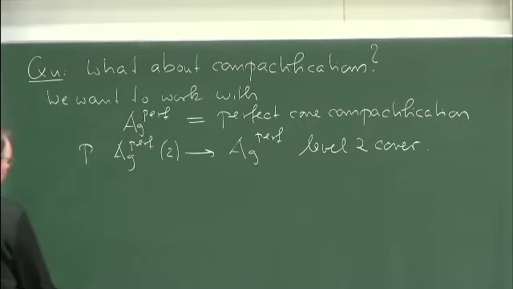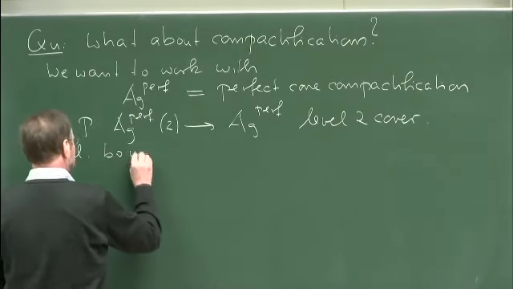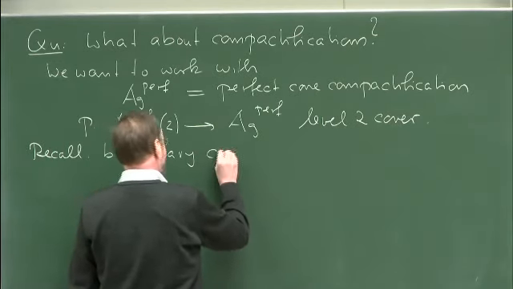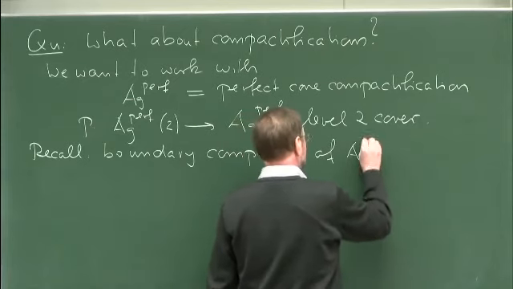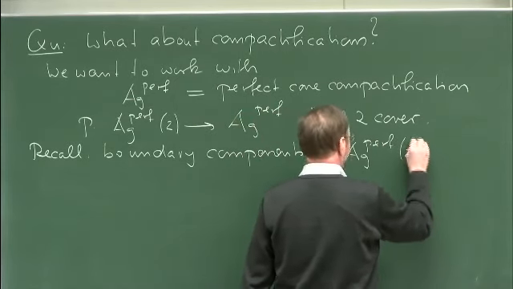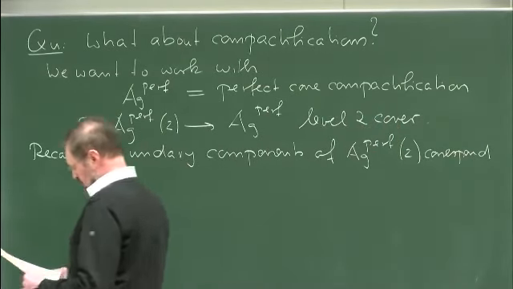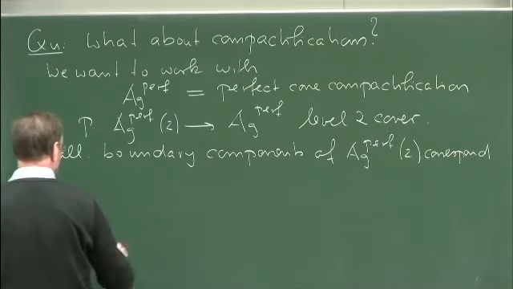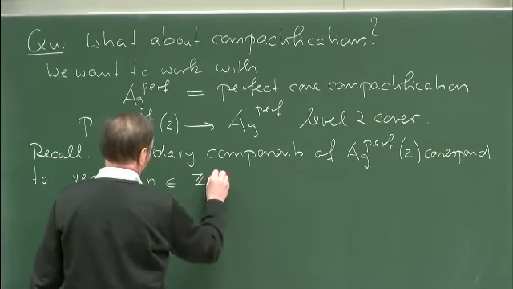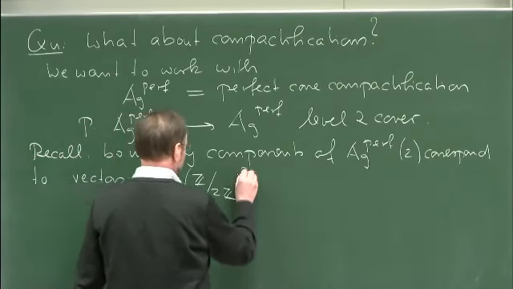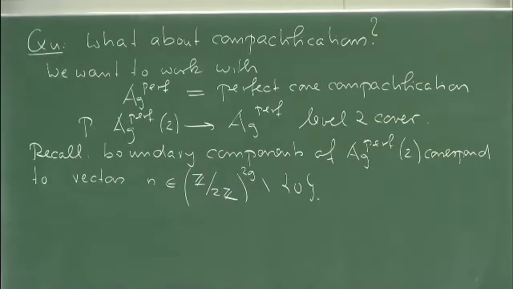And I also want to recall that boundary components of A_g^perf(2) correspond to vectors n in (Z/2Z)^{2g} minus the origin. Okay.